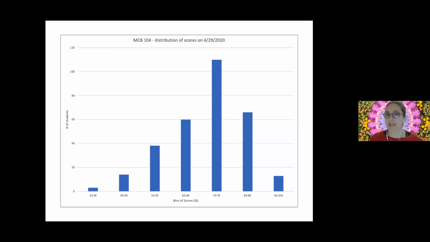This is a little tricky to calculate because the Big Quiz 3 exams are still being graded, but this is the best approximation I could make based on the information we have right now. On the x-axis, you see bins based on the percentage scores. These are not total scores, these are the percentages based on the material that's been submitted already.